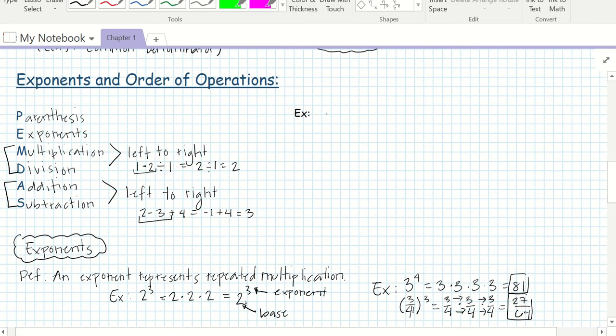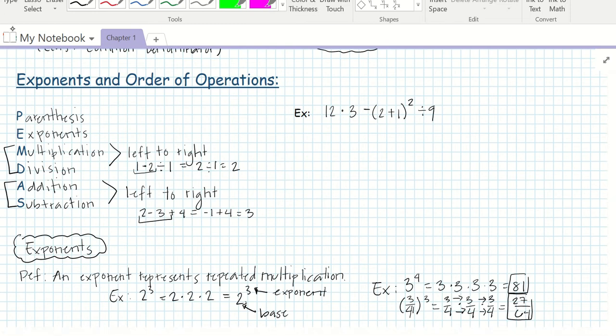Now let's use that information that we just learned and PEMDAS to see how we apply this to order of operations. So let's say I have 12 times 3 minus the quantity 2 plus 1, to the second power, divided by 9.